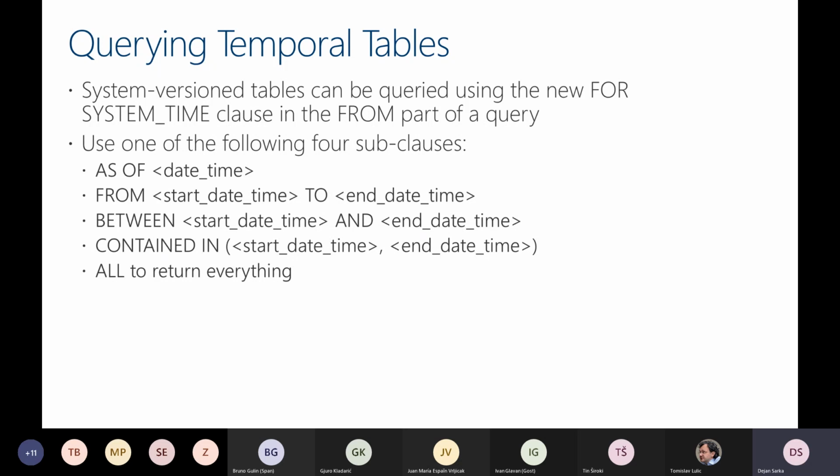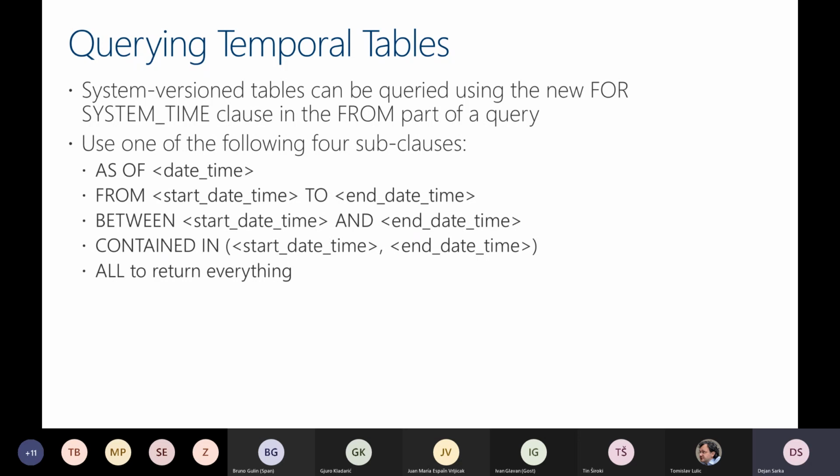But in a single query, we have additional clauses in the from part of a query. And this clause is FOR SYSTEM_TIME with subclauses AS OF. So it means give me the state at this moment. FROM TO or BETWEEN.